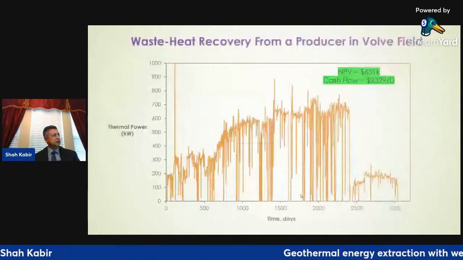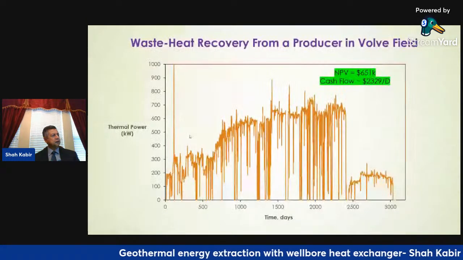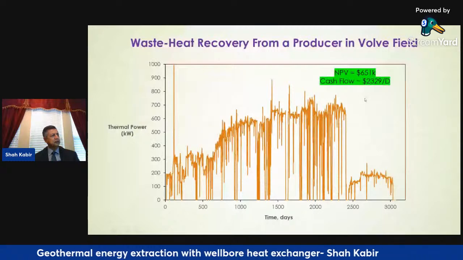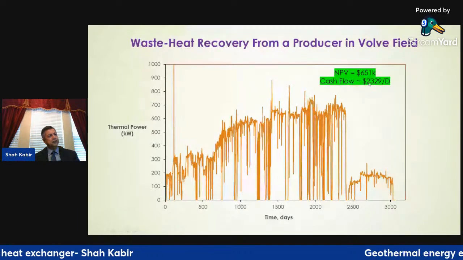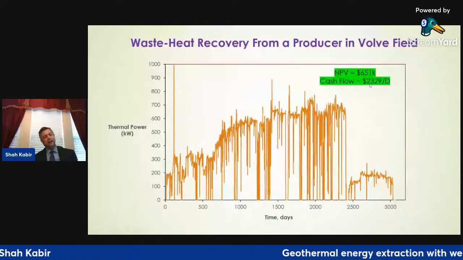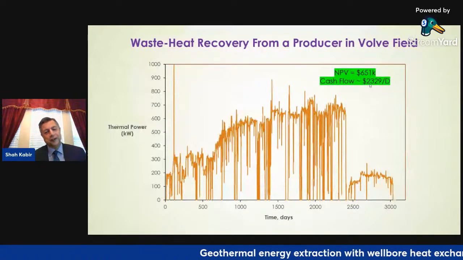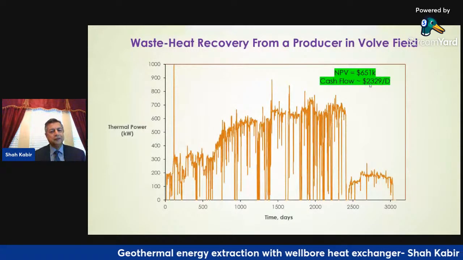So when you were able to do that, here is the total with the oil plus water based on real production, and we found that this is the NPV. And cash flow is $2,300 a day. But the point we are trying to make is simply this: it's free lunch.